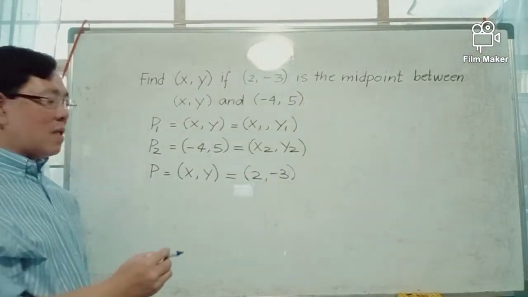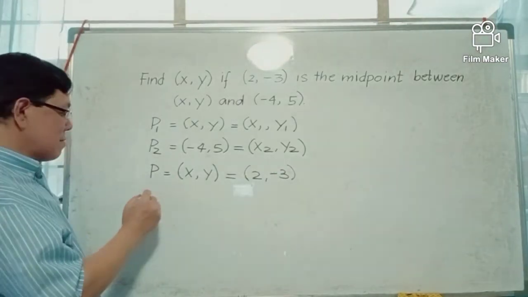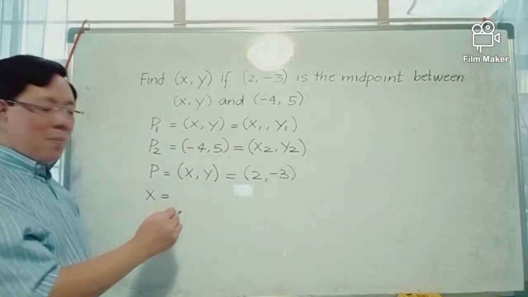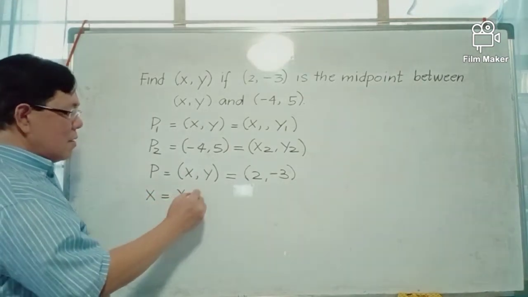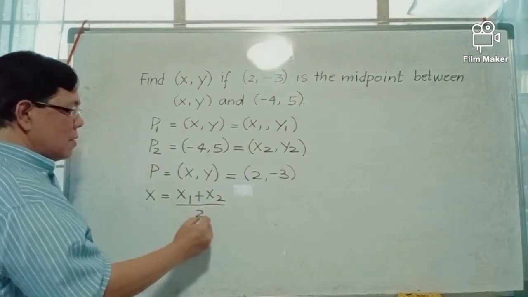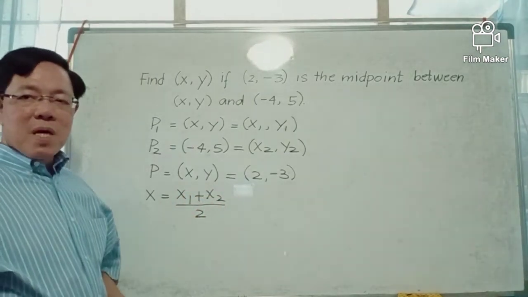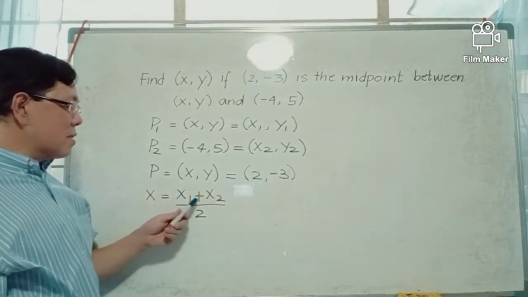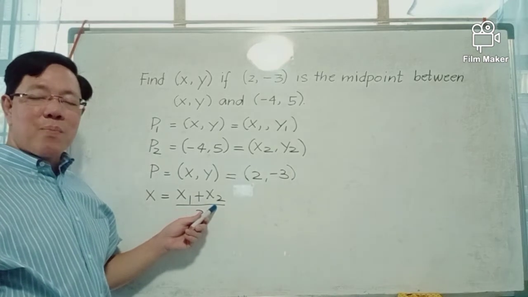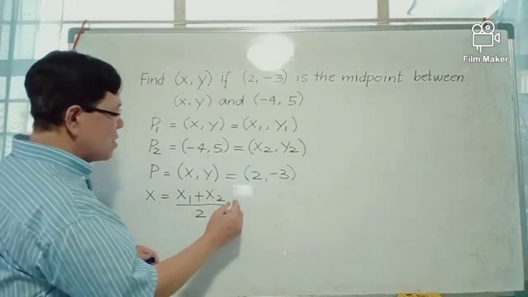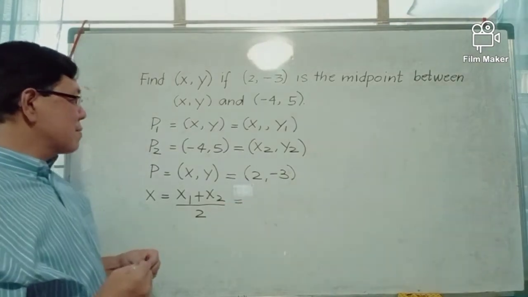By the midpoint formula, the abscissa x of the midpoint is given by the sum of the abscissas, denoted by x1 and x2, divided by 2. The abscissa of the midpoint is the sum of the abscissas of the endpoints of the line segment divided by 2. And we substitute the given.